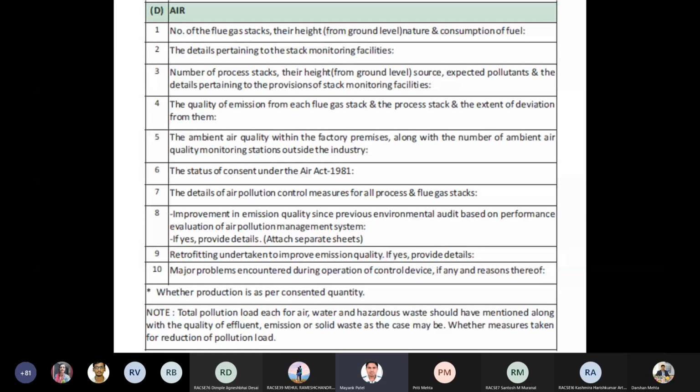So in the next slides we will see how you can do this kind of thing, and you will check this ambient quality also. You will even measure the quality of ambient air outside the industry also, so that you can have the baseline, right?